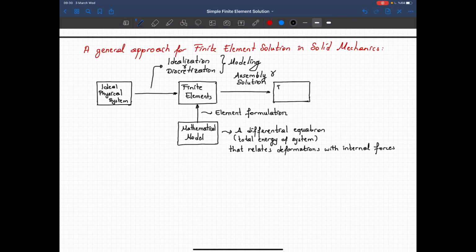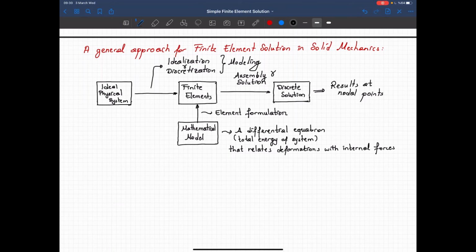We have a discrete solution. We obtain solution only at certain points. These points are called the nodal points. So after the discrete solution, we get results at nodal points. So this is the general solution approach in finite elements and in solid mechanics.